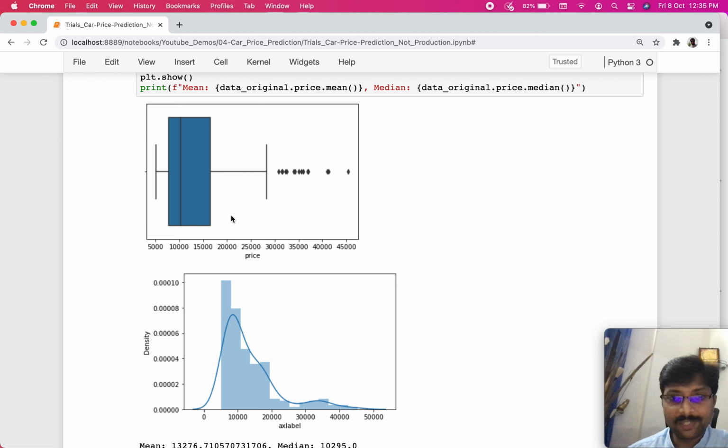So there's a lot of right skew here, and the 75th percentile, if you see, is around 16 to 17,000, right? And there are some values which look like outliers, right? The reason we call them outliers is they're too far away from the mean, and even too far away from the 75th percentile, and the majority of the values are falling between these whiskers here.